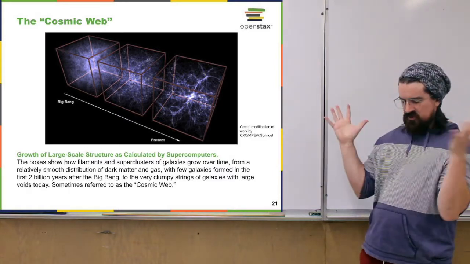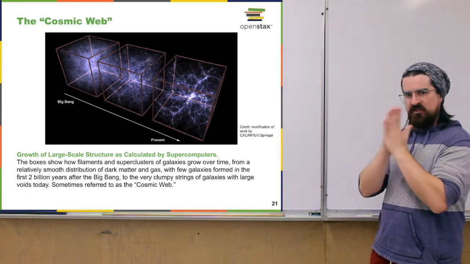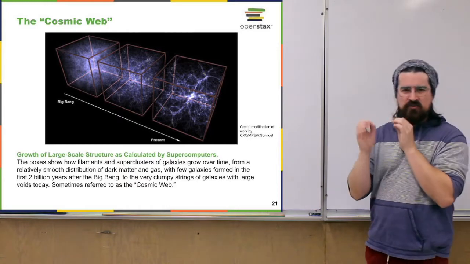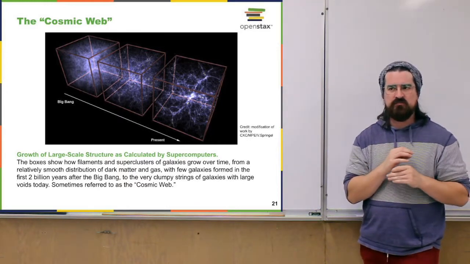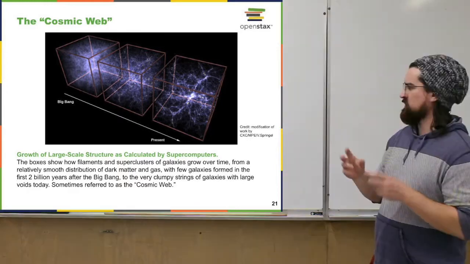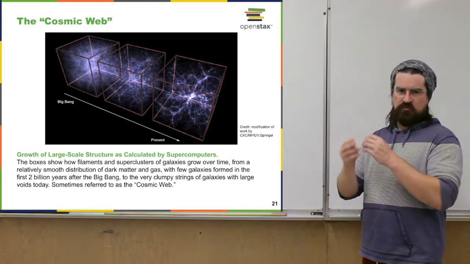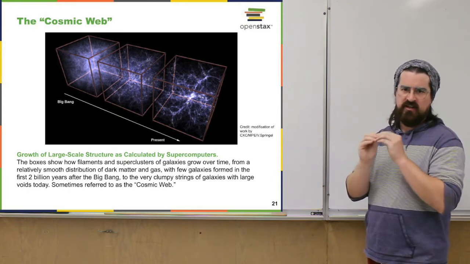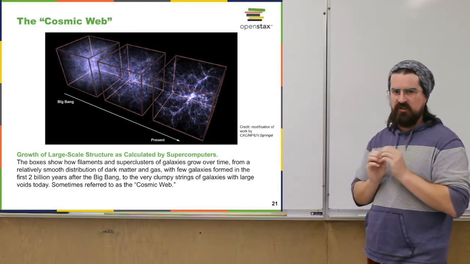But then as the universe expands, this stuff spreads out more and more, and those tiny little variations in what was otherwise a smooth beginning start to form into more and more clumpy areas. These start to become the very early galaxies, in the first couple billion years.